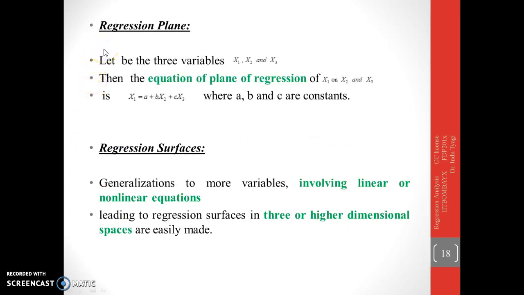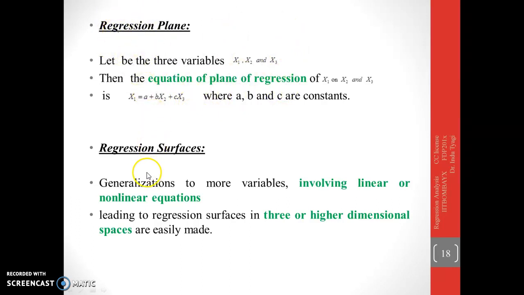What is regression plane? Let there be three variables x1, x2 and x3. Then the equation of the plane of regression of x1 on x2 and x3 is x1 = a + bx2 + cx3, where a, b, c are constants. So 3 variables are there, so we have a regression plane.